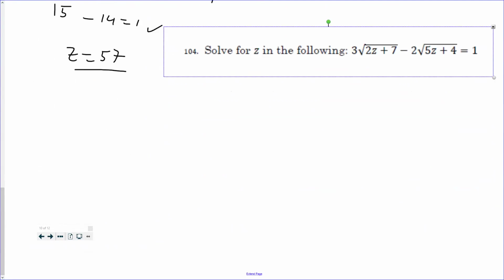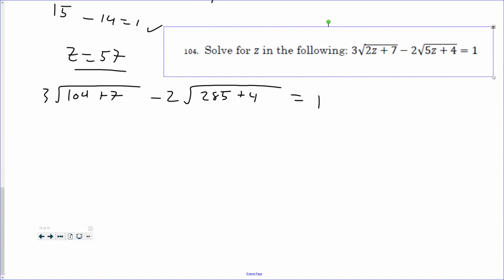We have 3 times the square root of 57 times 2 is 114, plus 7, minus 2 times the square root of 57 times 5, 285, plus 4, that equals 1.